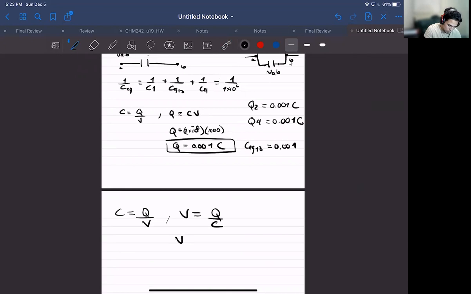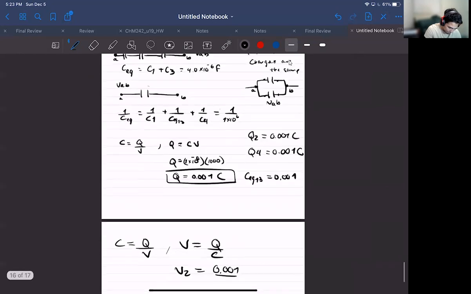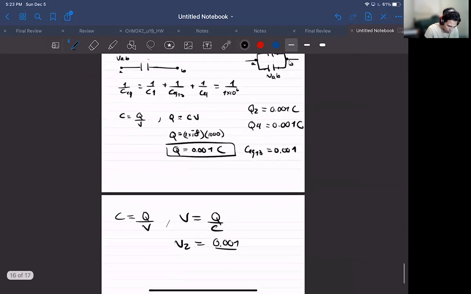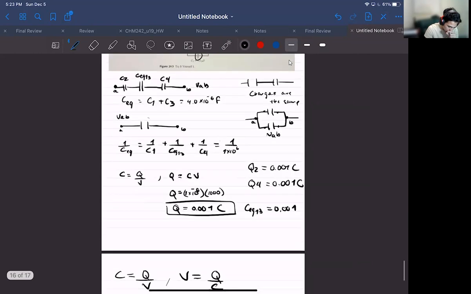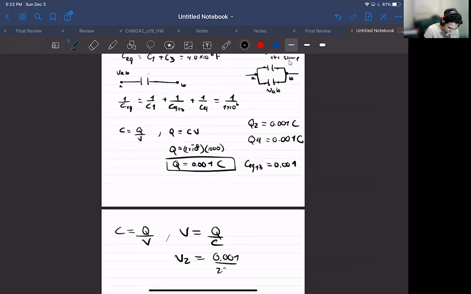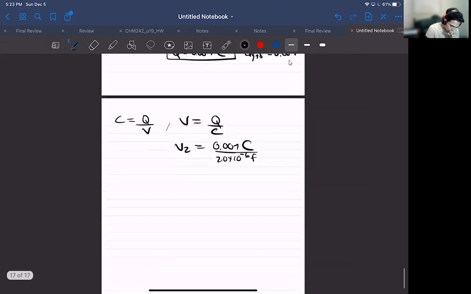So then the voltage across 2 would just be the charge, 0.001 coulombs, divided by the capacitance, which for the first one is 2.0 times 10 to the negative 6.